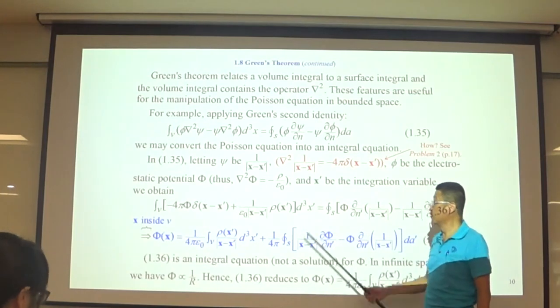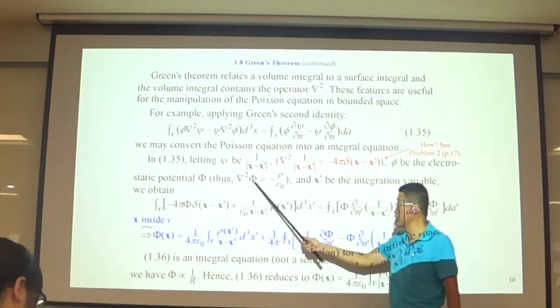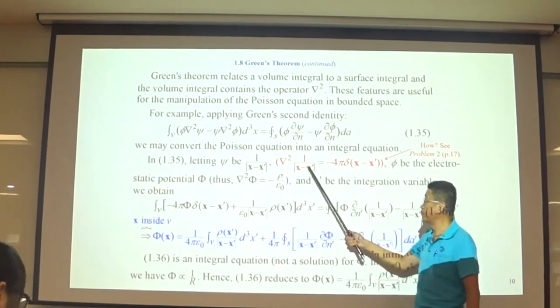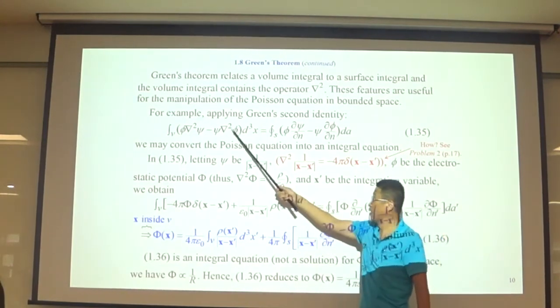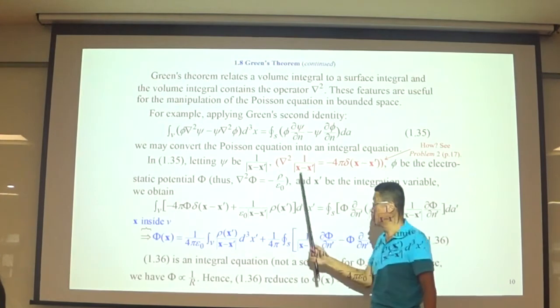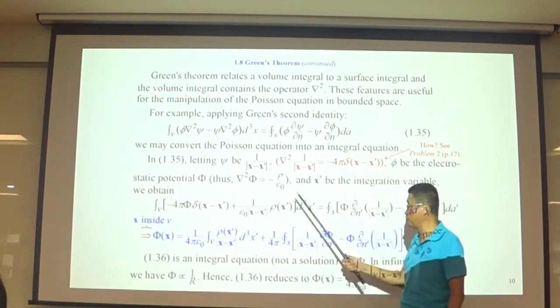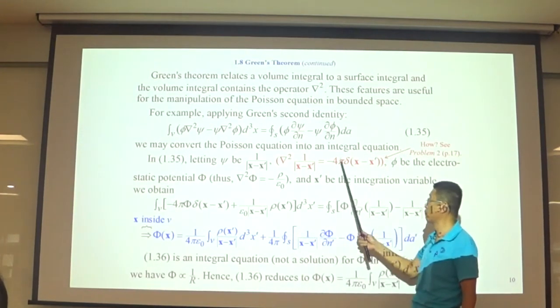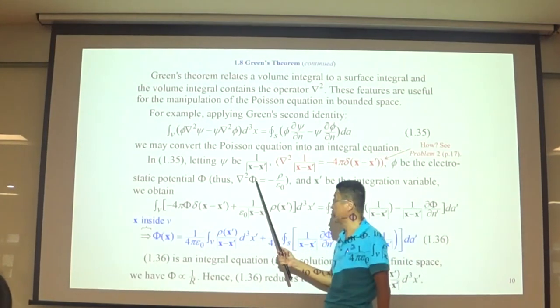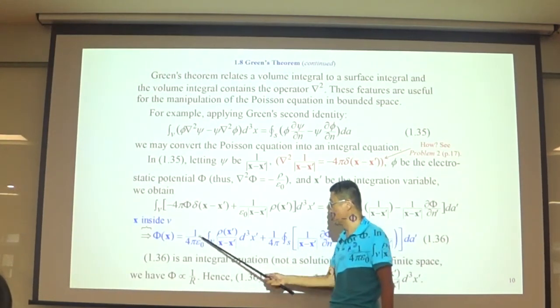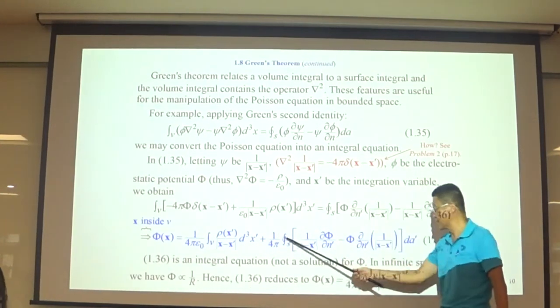Okay? So substitute this one and this one. So we got this one because of this one. And we got this one. So it becomes very simple. We can derive phi of x equals this one plus this one.